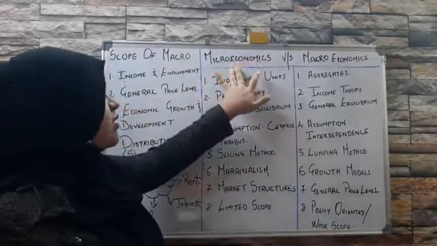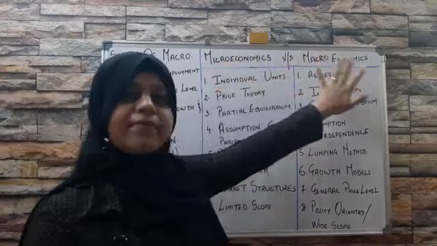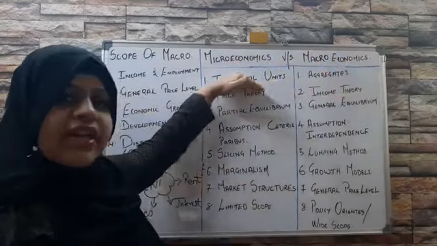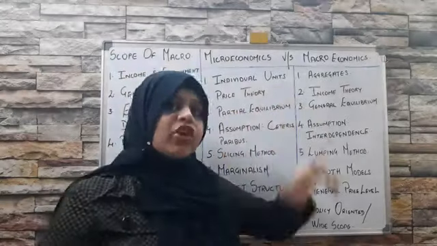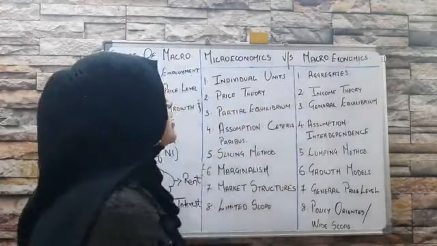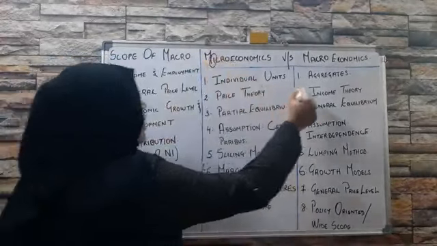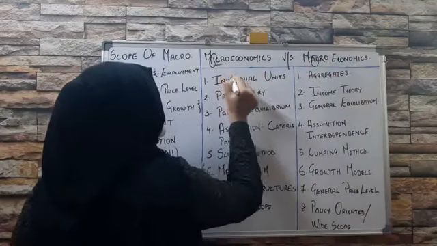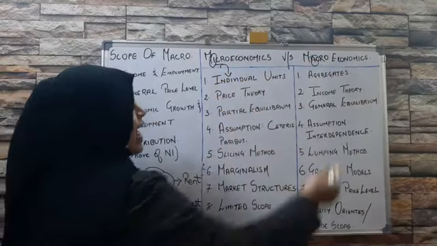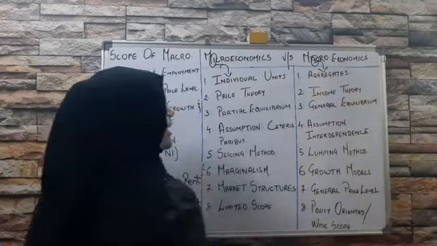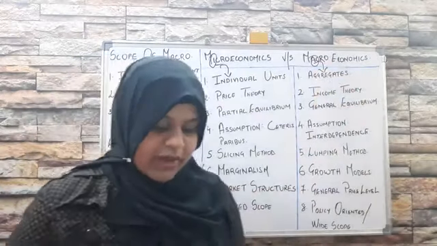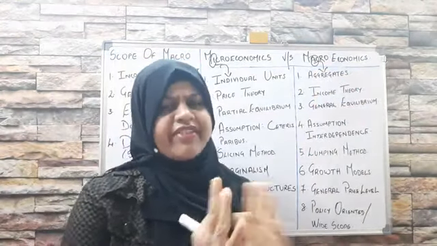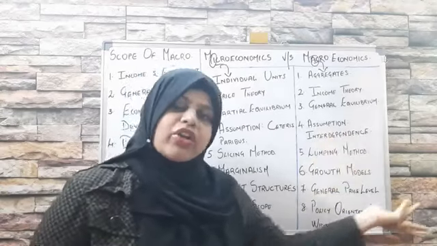The first point, microeconomics versus macroeconomics. The first point, very simple. If you remember the Greek words, the I and the A. I stands for individual and A stands for aggregates. Very simple. You will be able to write the first point very easily because you already know the meaning of the two words.